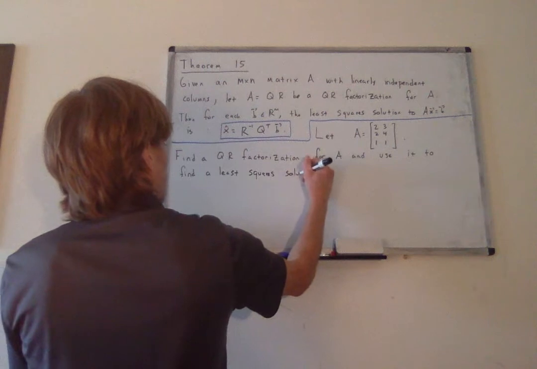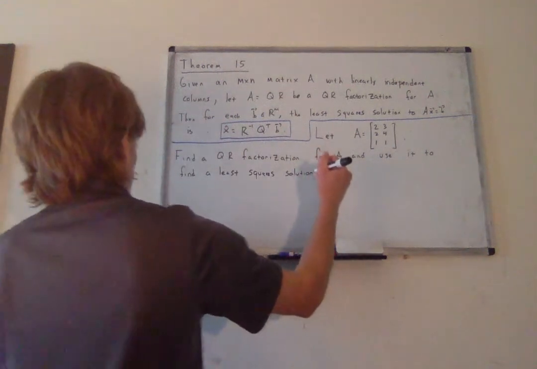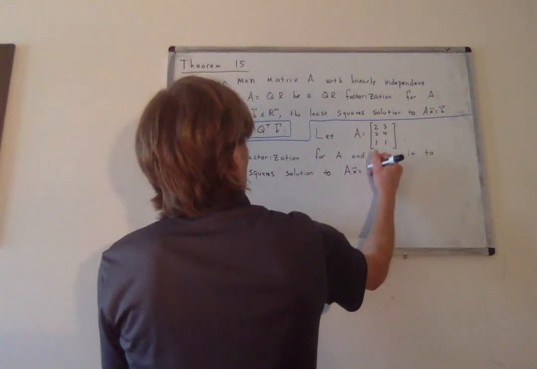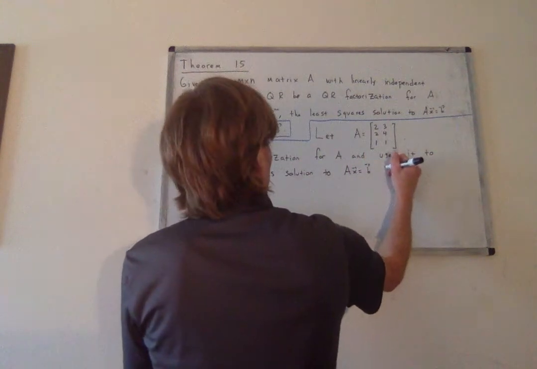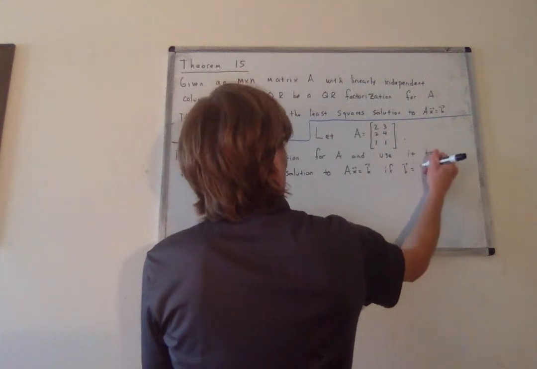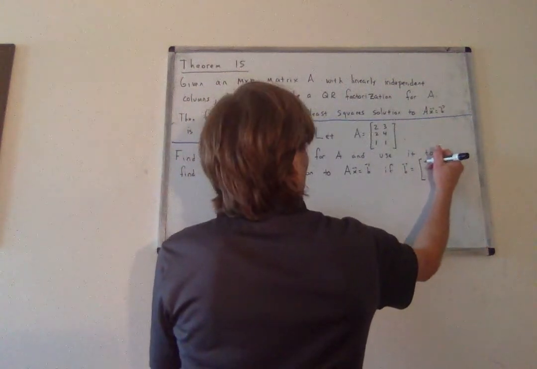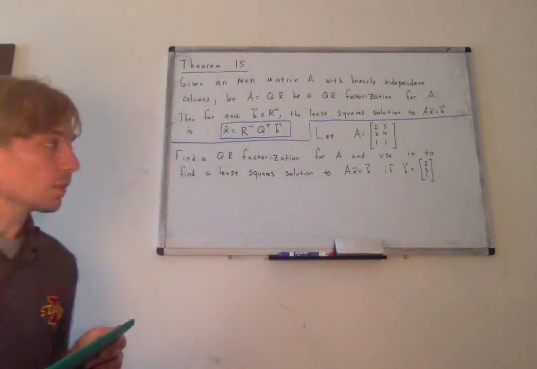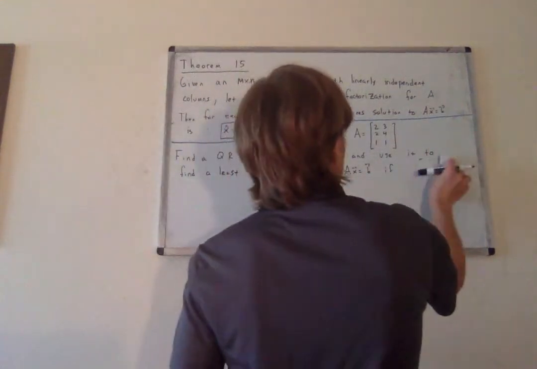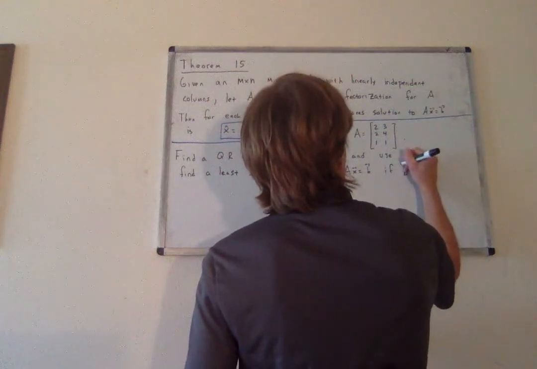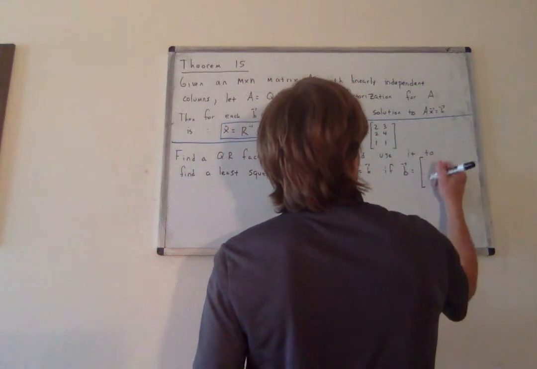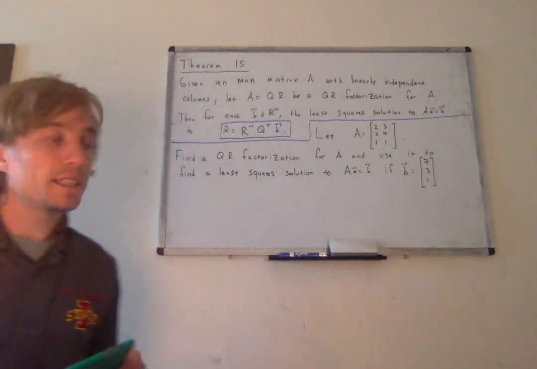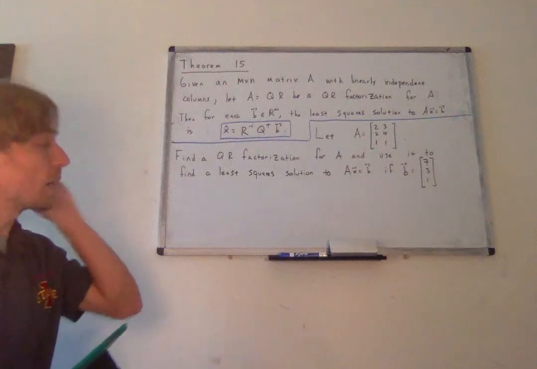Because notice, let's say we had 100. Hold on, let me finish writing up the problem here. So suppose that we had like 100 vectors B, and we wanted to find the solution in that case, right?